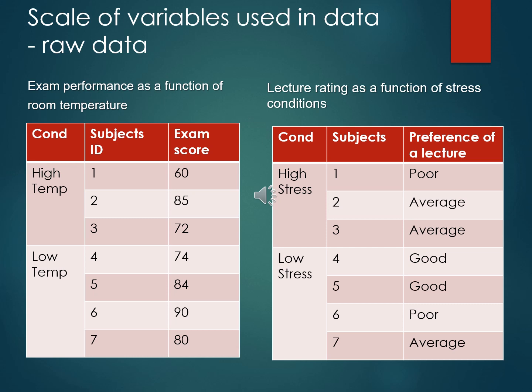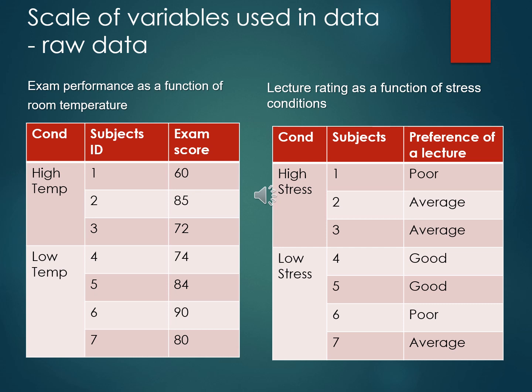There are two conditions. There are a total of seven participants, three in the high temperature and four in the low temperature conditions. The dependent variable is exam score. So this is an interval scale. Therefore, you need to think about what kind of table or chart is appropriate for this case, which we're going to talk about.